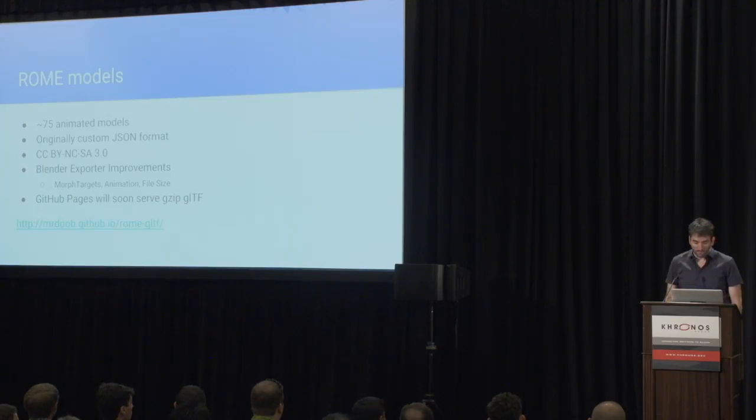I submitted a pull request to the MIME type database they have somewhere in the system, and they approved the pull request. So on the next version of GitHub Pages, all the glTF files on GitHub are going to be served as gzip, so it's going to be much faster.